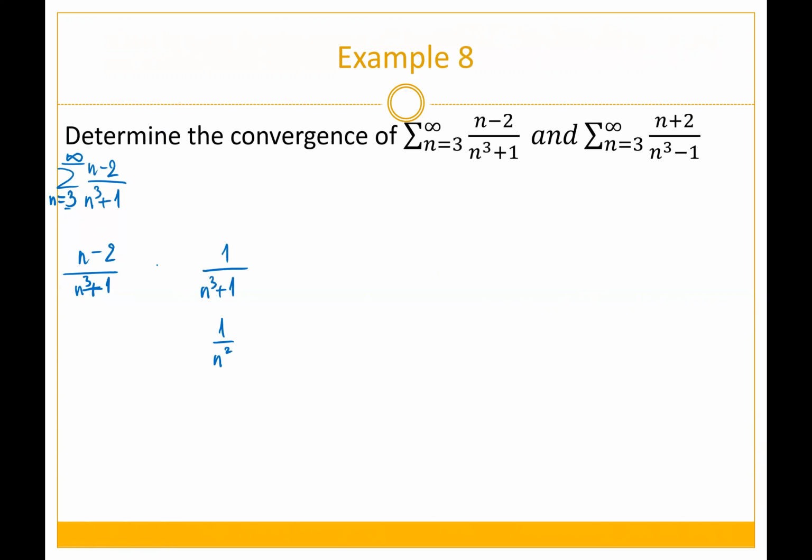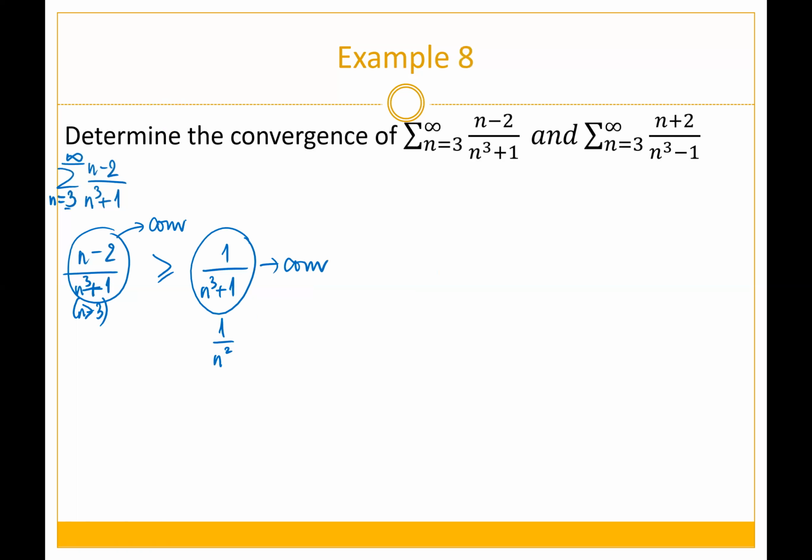If you want to use the first, 1 over n cubed plus 3, yes, you can do it, but you cannot use the direct comparison test. Why? As n starts from 3, n minus 2 is always going to be bigger than 1. So this part is bigger. But you know this one is convergent. So if you want to say that this one also is convergent, then you have to use the limit comparison test.